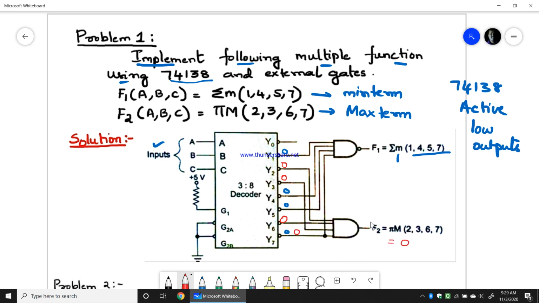So 0 should come out as 0. Now it should be the gate where I can connect all these 4 lines and get one output which is always 0 for any of these output lines. So I will use an AND gate. So I use AND gate for max terms, I use NAND gate for min terms. That will give me the output.